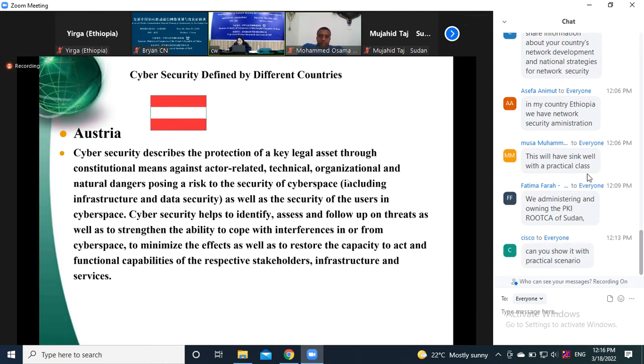Some people said that in your countries you also have network security administration. Yeah, and we have to think well with the practical class. And we have administrators, owning the PKI, the root case, or Sudan, yeah, in Sudan.